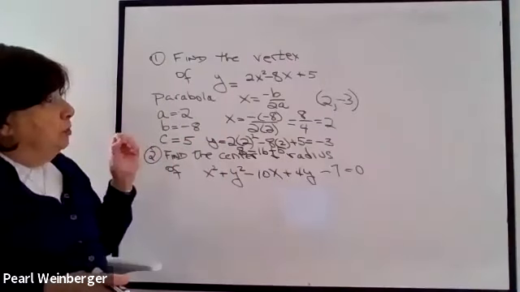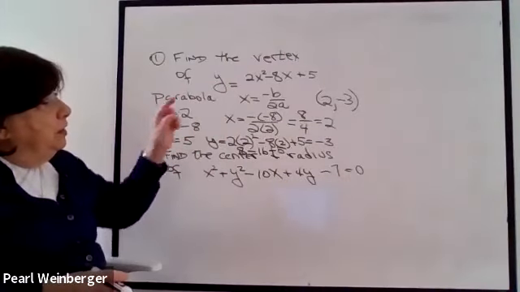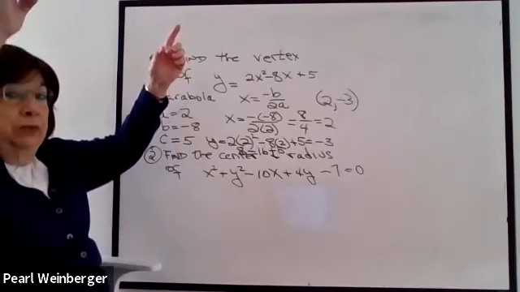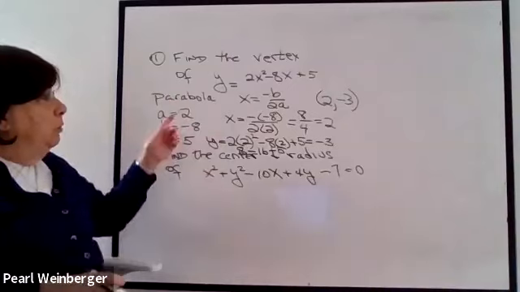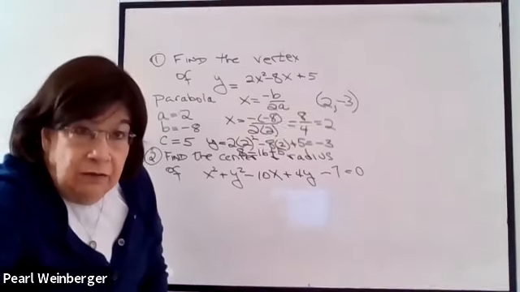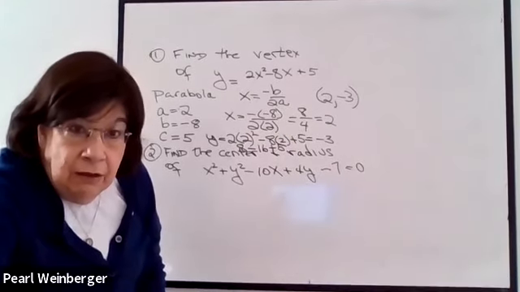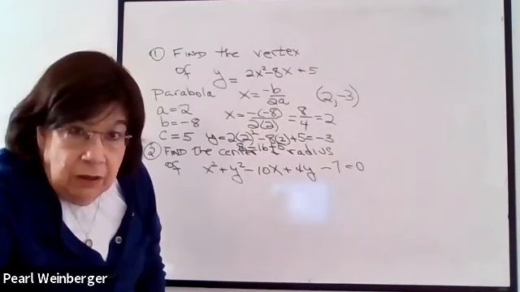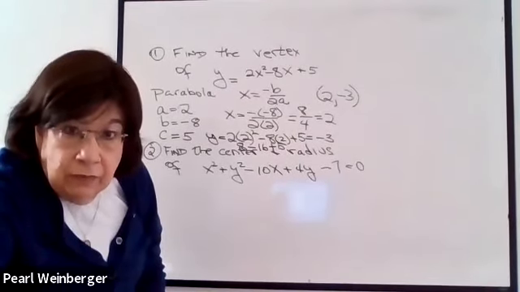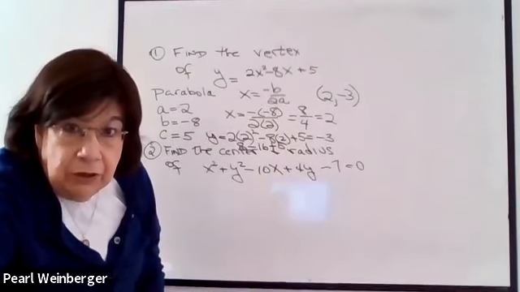The other thing you're going to want to look at very carefully is the A, because the A is going to tell you if your parabola opens up or down. When the A is positive, you have an opening up parabola. When the A is negative, you have an opening down parabola.